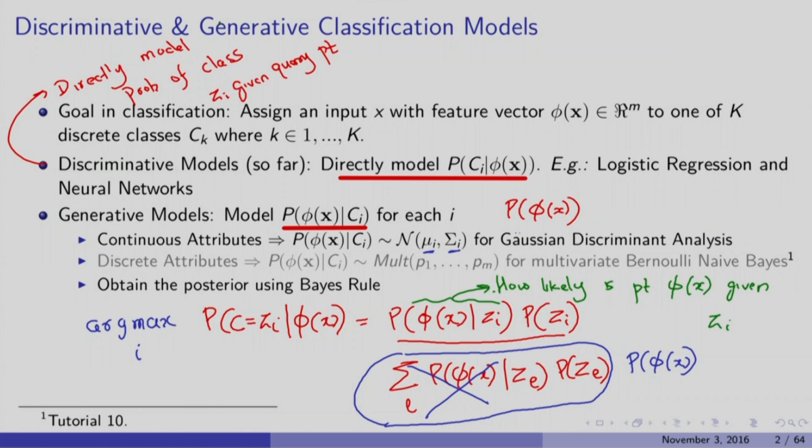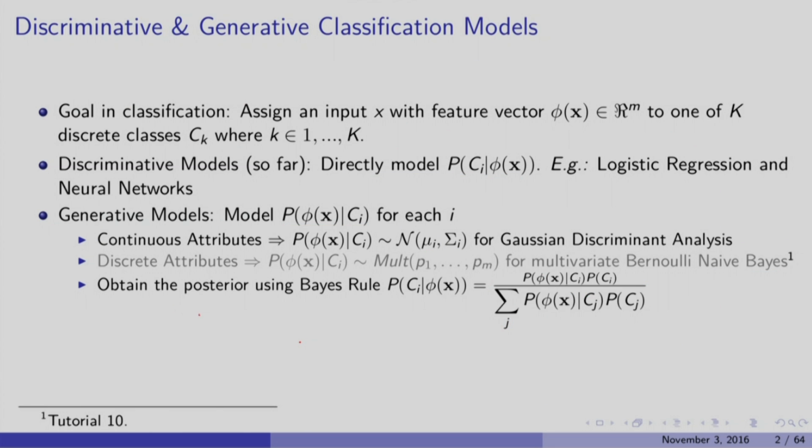This leads to a classifier called the Gaussian discriminant analysis based classifier. Your attributes could also be discrete, in which case you could resort to Bernoulli or multivariate Bernoulli models for each feature, and assuming that the features are independent you get something called the naive Bayes classifier.